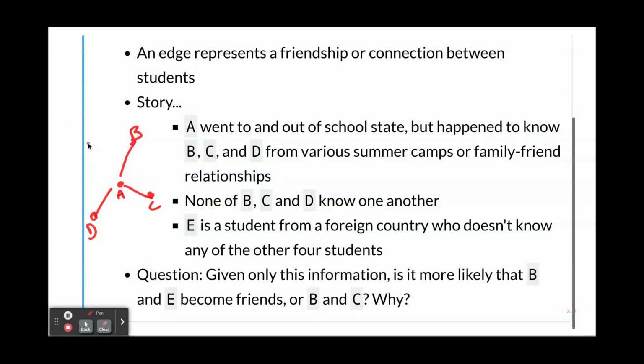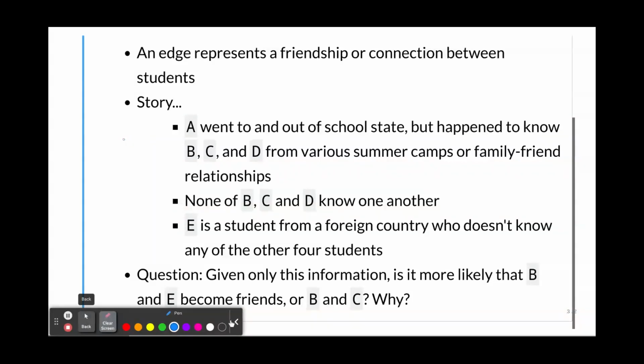And then out here on its own, we have node E. So what we're asking is, given what you know about social interactions, would you assume that the blue edge is more likely to form or the purple edge? And why would you suggest that? Just a question to keep in mind as we carry on.